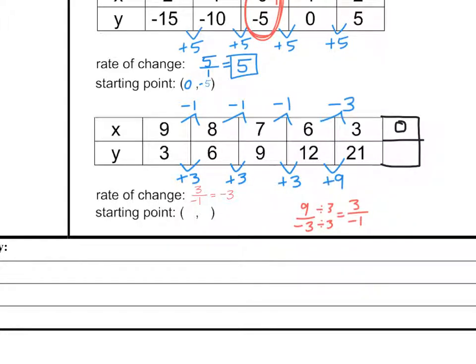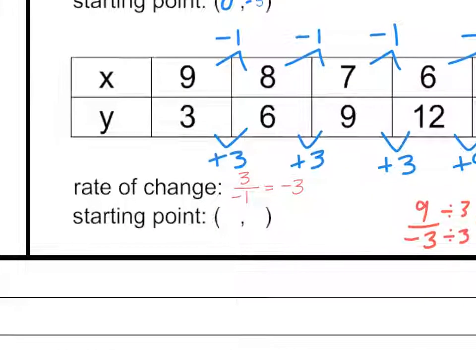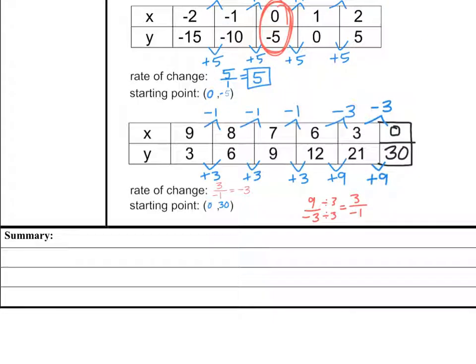And we're going to continue this table. So that would be minus 3. But when x goes down by 3, the y goes up by 9. So that would have to be 30. So my starting point here would have to be 0, 30. This point right here.